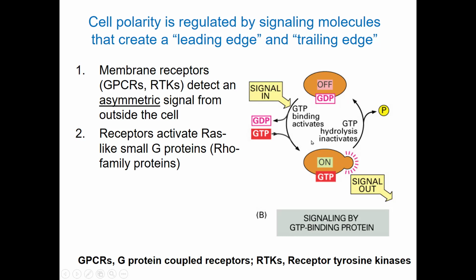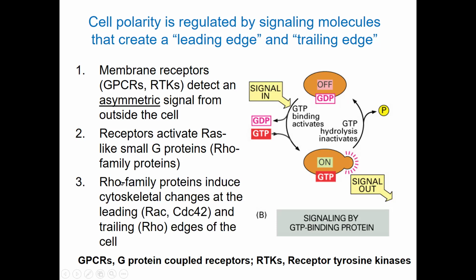And this receptor activates Ras-like small G proteins in the cell, and these G proteins are called Rho family proteins. Many family proteins are involved. Rho family proteins induce cytoskeletal changes.